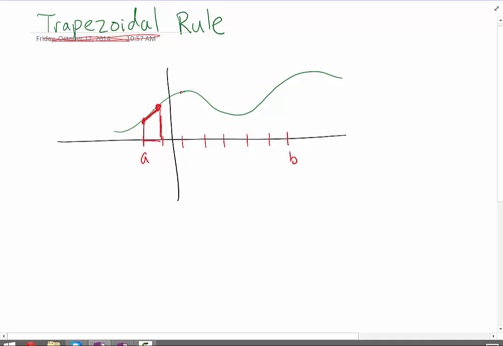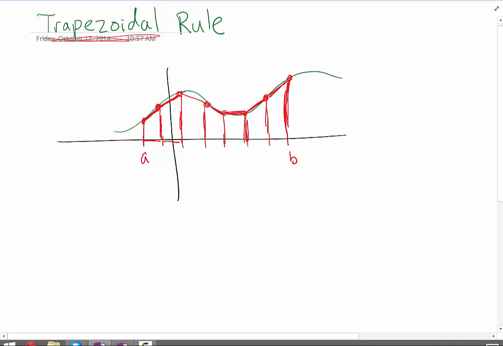And then again, you go over to B, you make a straight line, and there's another trapezoid, and you just keep going until you have a bunch of trapezoids. Sometimes you'll waste more space than other times, but it's a lot less wasted space than when we did the rectangles.